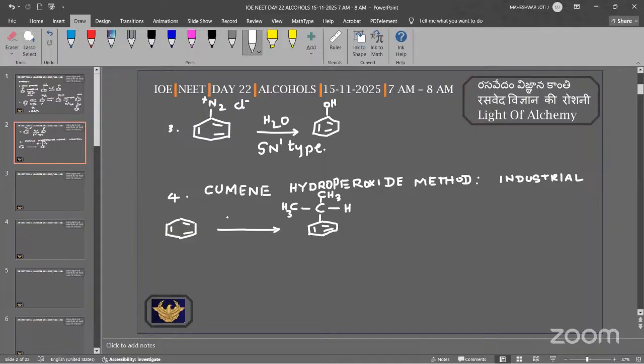Benzene, when allowed to react with propene in presence of phosphoric acid, H3PO4, or any Lewis acid, gives isopropyl benzene. This reaction is an example of electrophilic aromatic substitution. This isopropyl benzene is nothing but cumene.